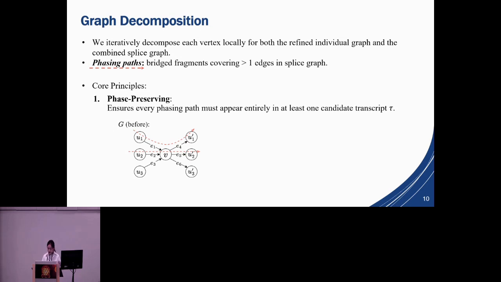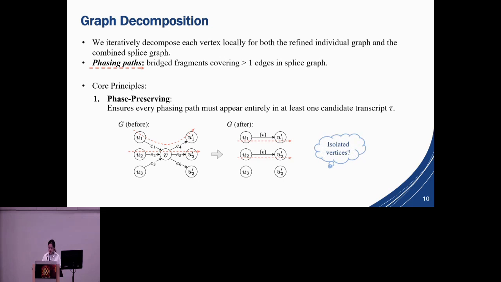For instance, in this figure, the red dashed arrow line represents the phasing path threading through the center vertex B. We require that every phasing path should appear entirely at least once in the candidate transcripts. This is natural, because we know read fragments originate from some transcripts.